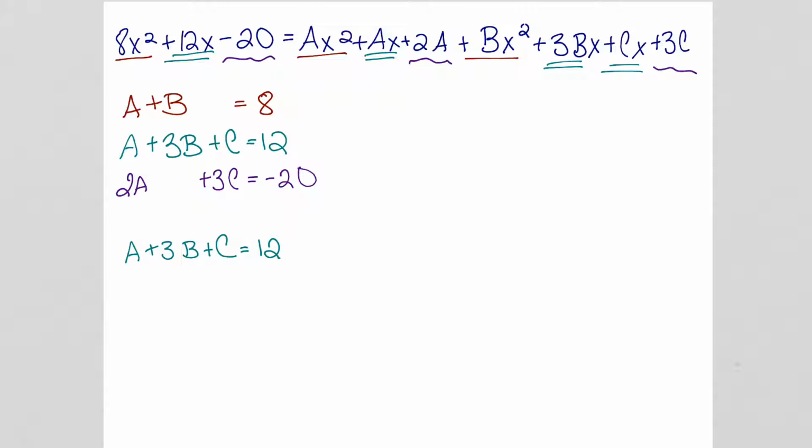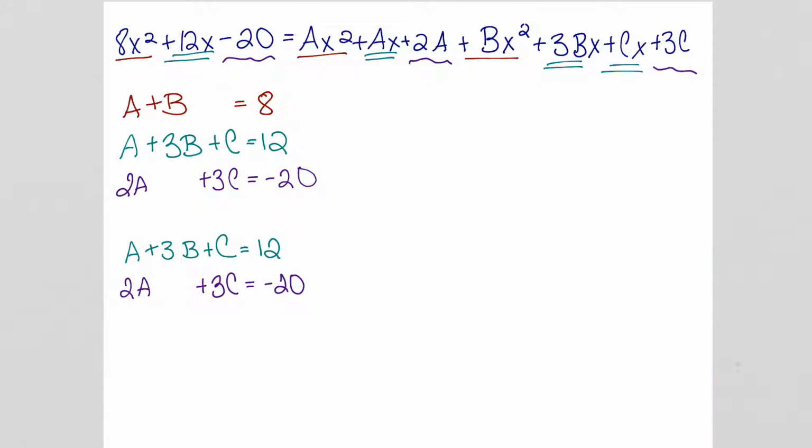And the third equation. And you can see here, and that's supposed to be a 2a, that we could easily get rid of either A or C.